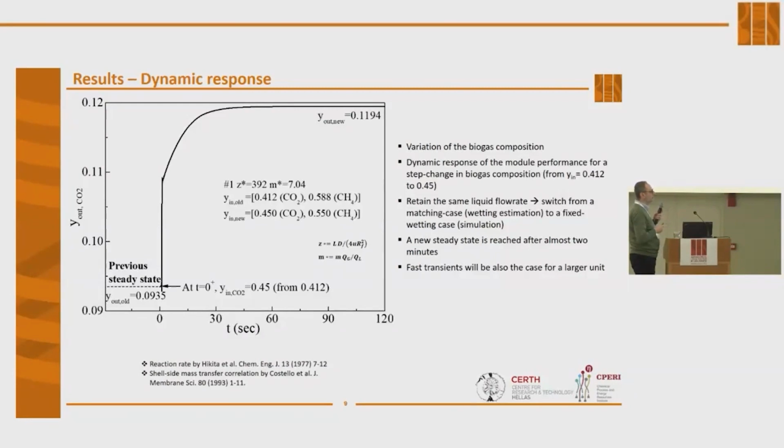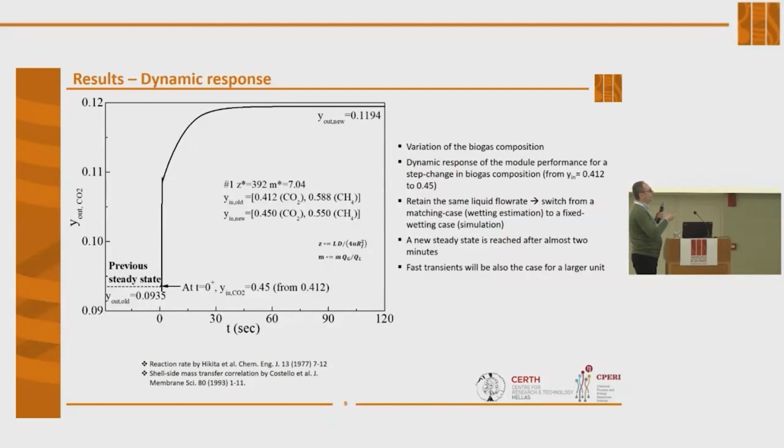and calculate the new molar fraction of carbon dioxide at the exit. The new molar fraction of carbon dioxide at the exit is more than the previous one. And this is obvious because we have the same liquid flow rate and cannot accommodate more carbon dioxide entering the system. So we end up with a higher composition of carbon dioxide at the exit.